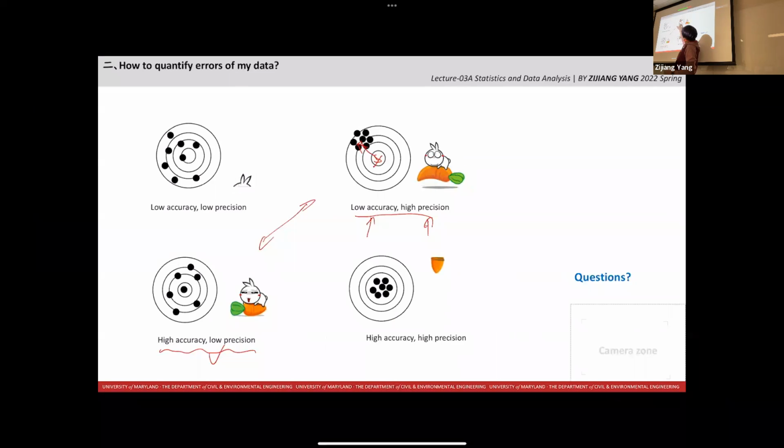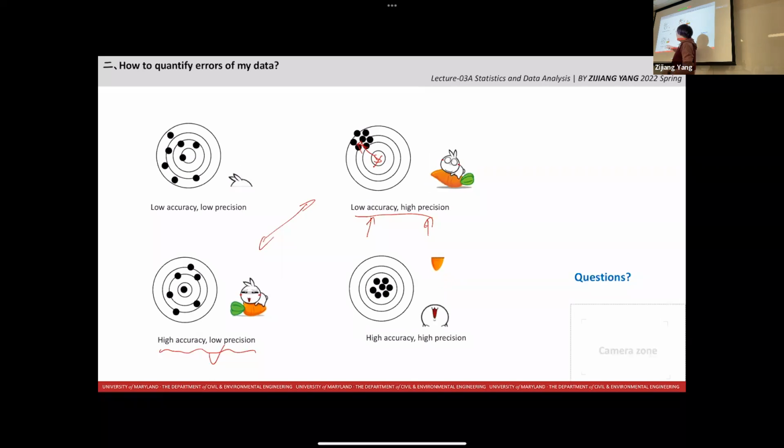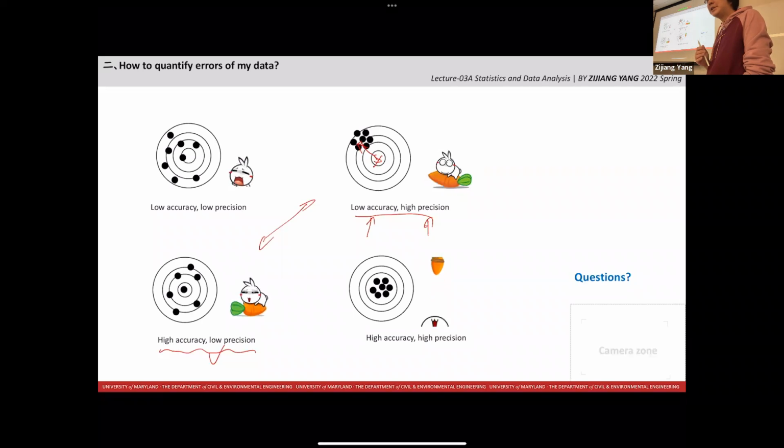But for this one, as Amir said, we need to calculate this bias, and this bias may not be easy to calculate. This is also a good choice, but this one is, I would say, more simple because we can just increase the sample size. So I would say this one is preferred, but this one is also used. Do you guys have more questions?